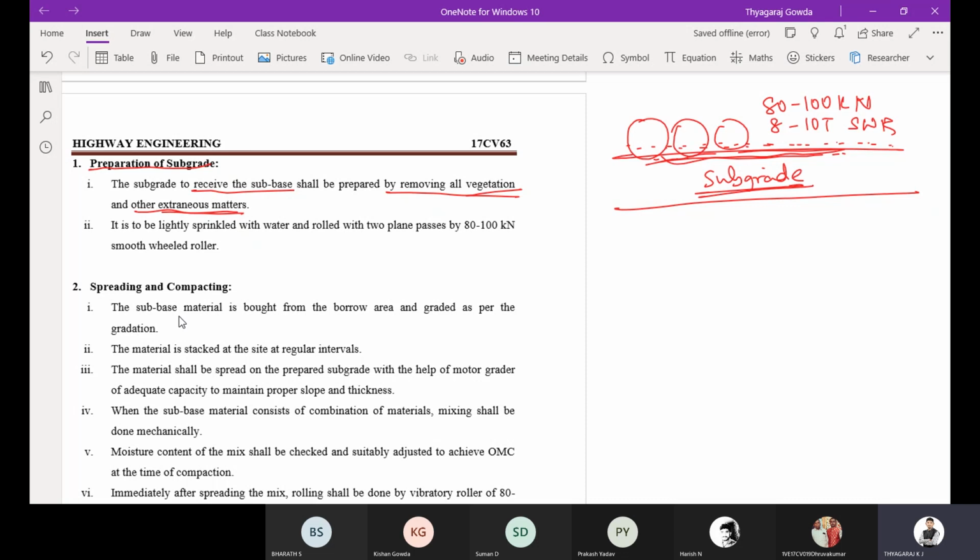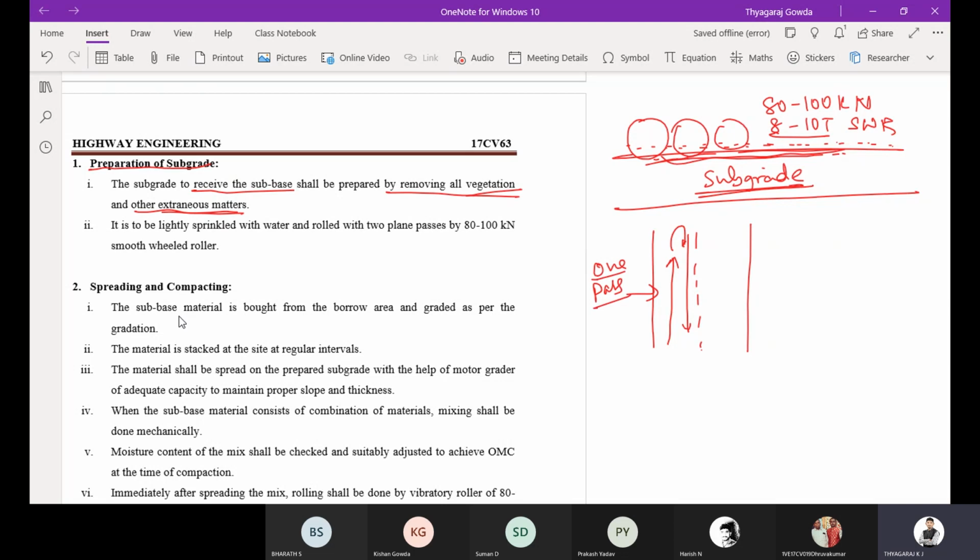Lightly you are going to sprinkle the water. Water is sprinkled lightly, and two passes of the 8 to 10 ton roller. Passes means rolling. I'll tell what a pass is. If you consider this as the road, and the rolling is done from this end and again coming back to the other end, reversing it, we are going to call it one pass.